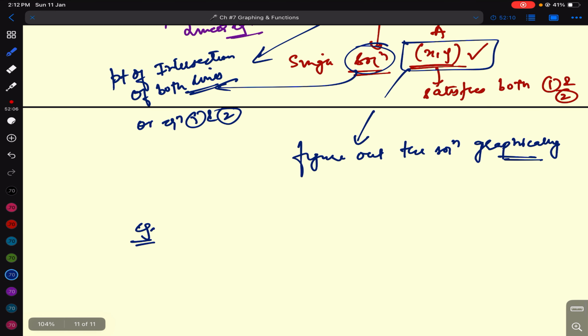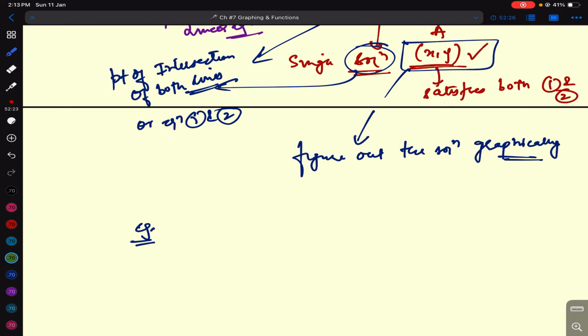By point of intersection I mean where these two lines are intersecting. Okay, so that common point where they intersect becomes the point of intersection and hence also becomes the solution of the system of equations.